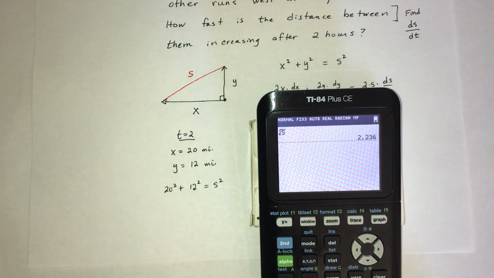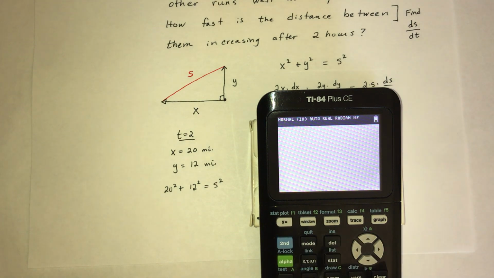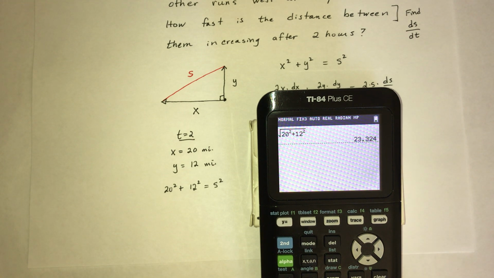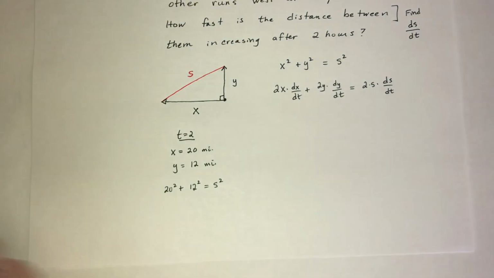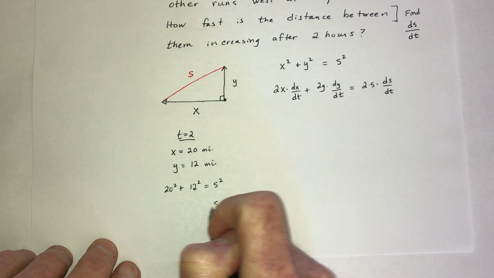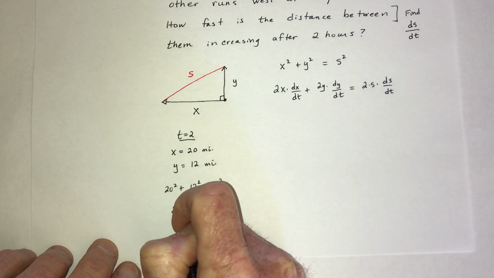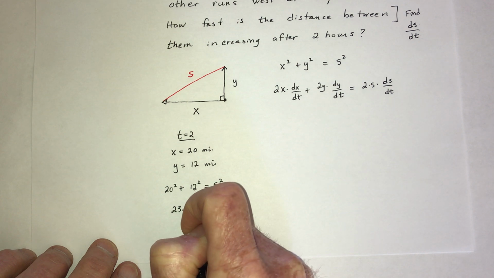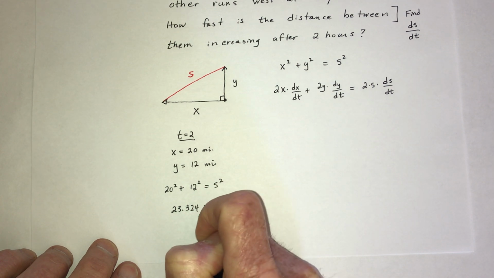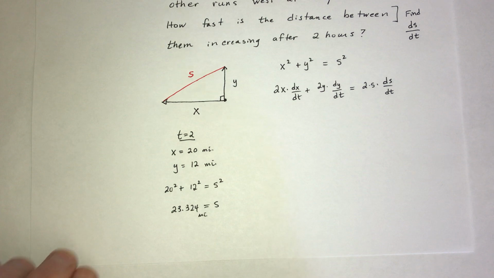So then, what is the square root of 20 squared plus 12 squared? It's 23.324. So s is equal to 23.324, and that's miles between them.